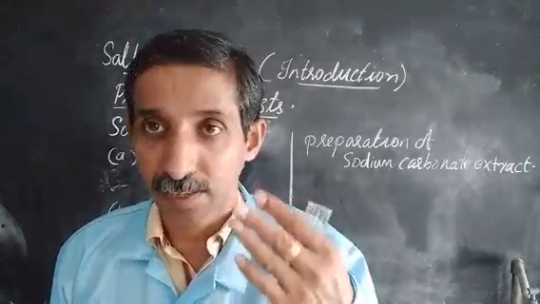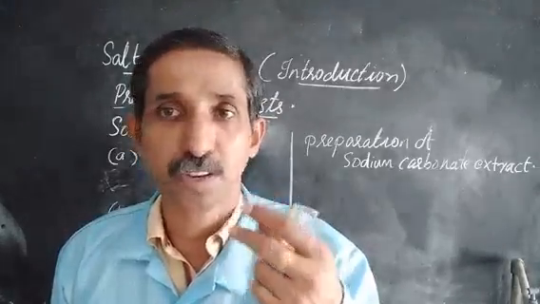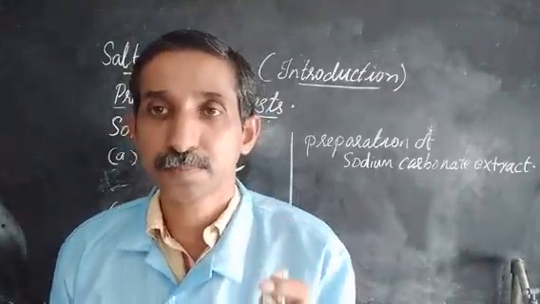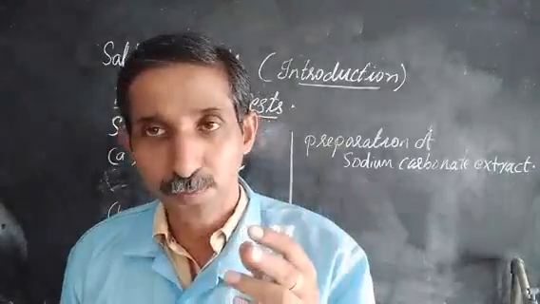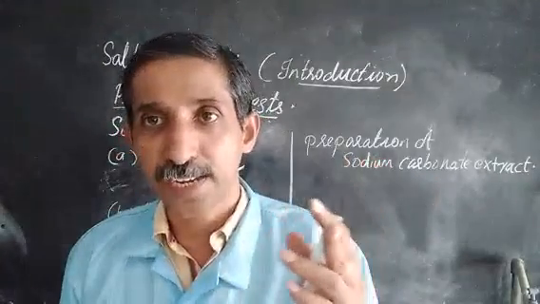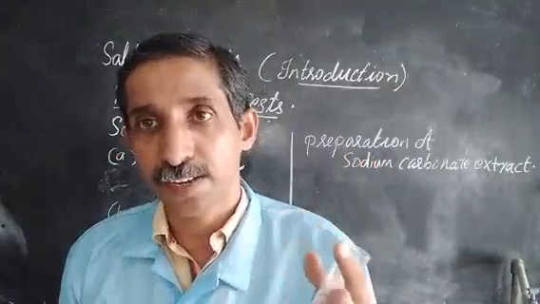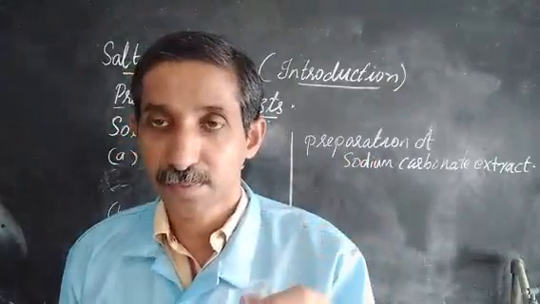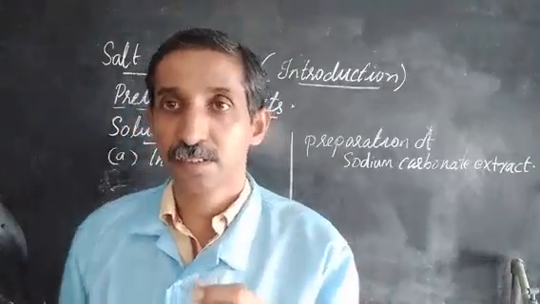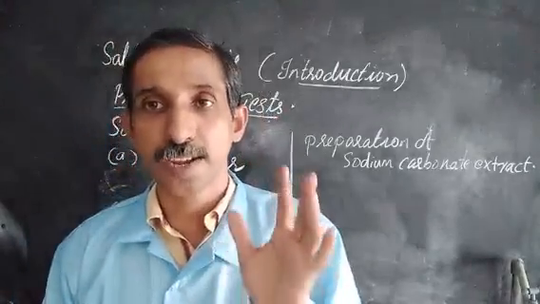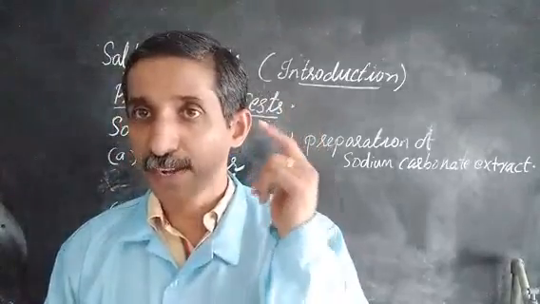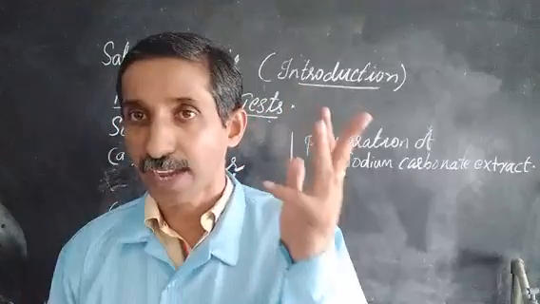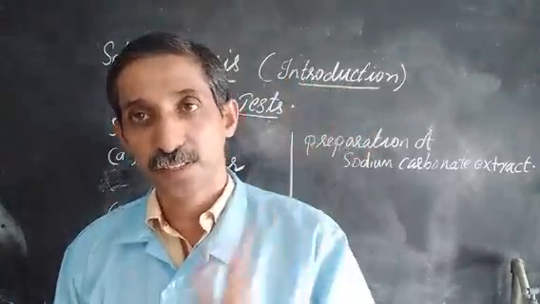Your nasal passage, you feel like burning. Okay, so it's too irritating a smell. Okay, then brown fumes, that is for nitrite, then vinegar like smell, that is acetate. Okay, these are the anions to be identified in dilute acid group: carbonate, sulfide, sulfite, nitrite and acetate.